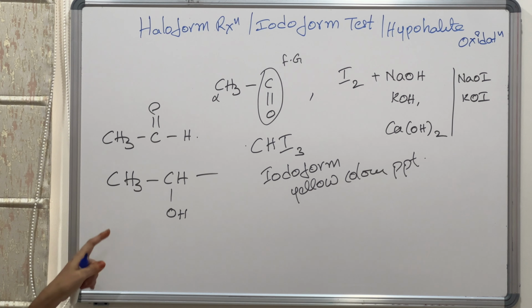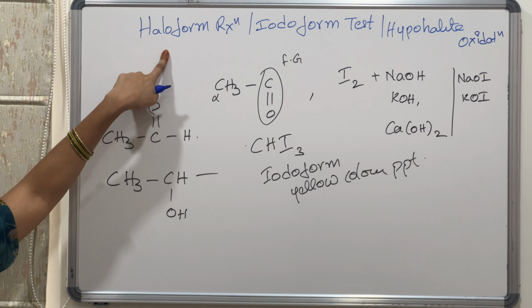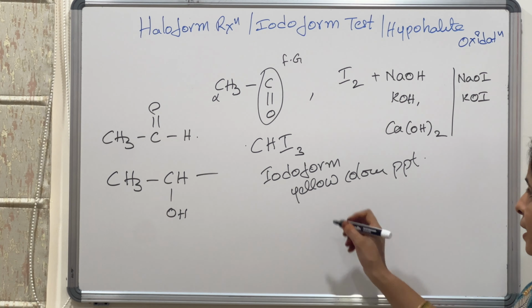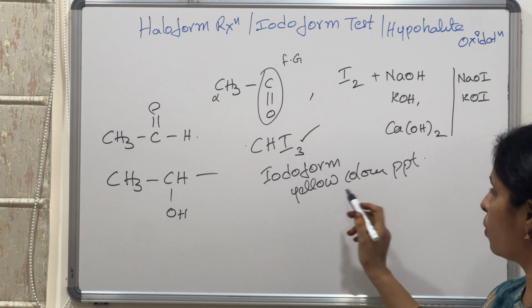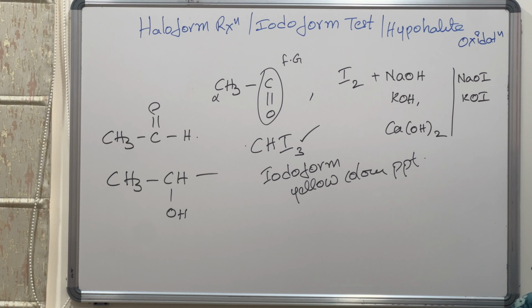I think you got one clear idea what a haloform reaction or the iodoform test is. Here it is the iodoform CHI3, a yellow color precipitate will be formed, and the condition is it should contain 3 alpha hydrogens. Now how to write the product?